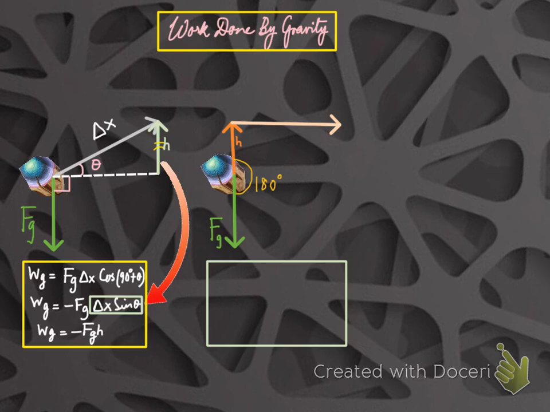Now, what we're going to do is look at the work done by gravity during each of these two displacements. And when we add those two together, we get the total work done by gravity as the block moved from its starting position to the same ending position that it had before.